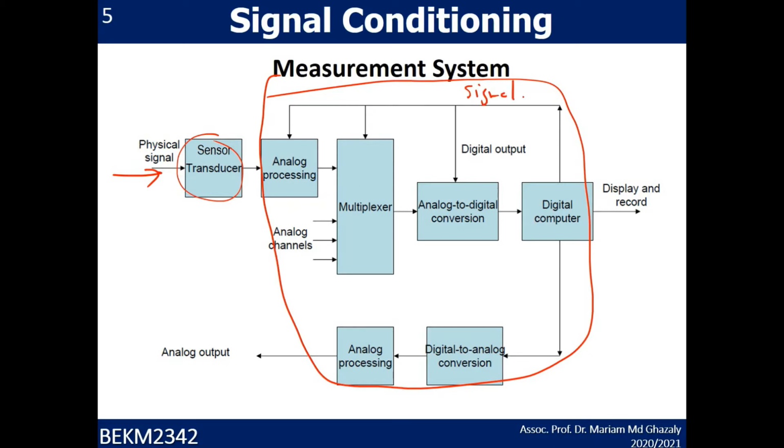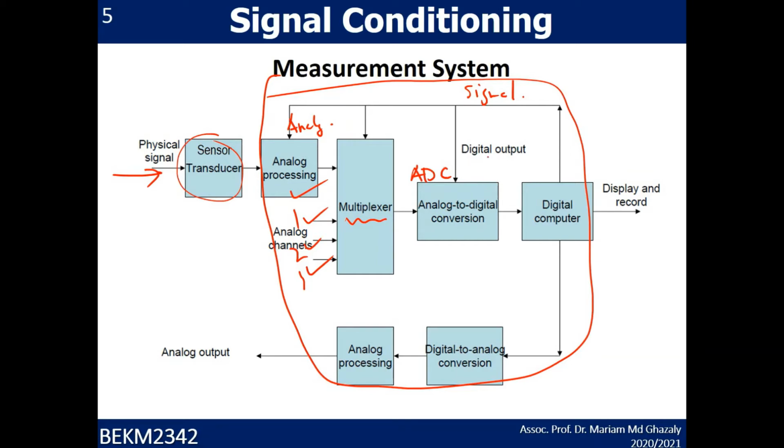Here you have the analog processing, which is in analog signal. Then if there are multiple signals 1, 2, and 3, you may want to use a multiplexer. Because the signal is analog and your computer can only read digital signal in binary, you need an analog to digital converter.